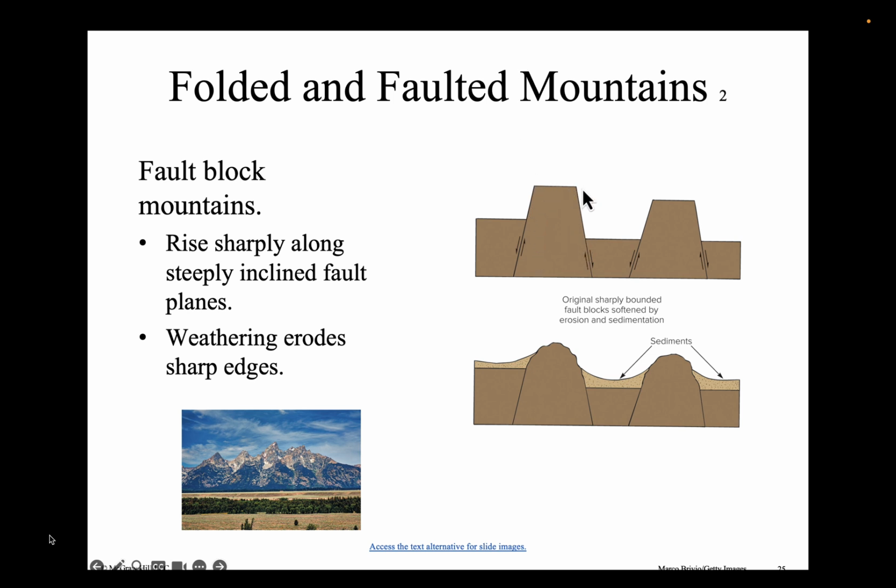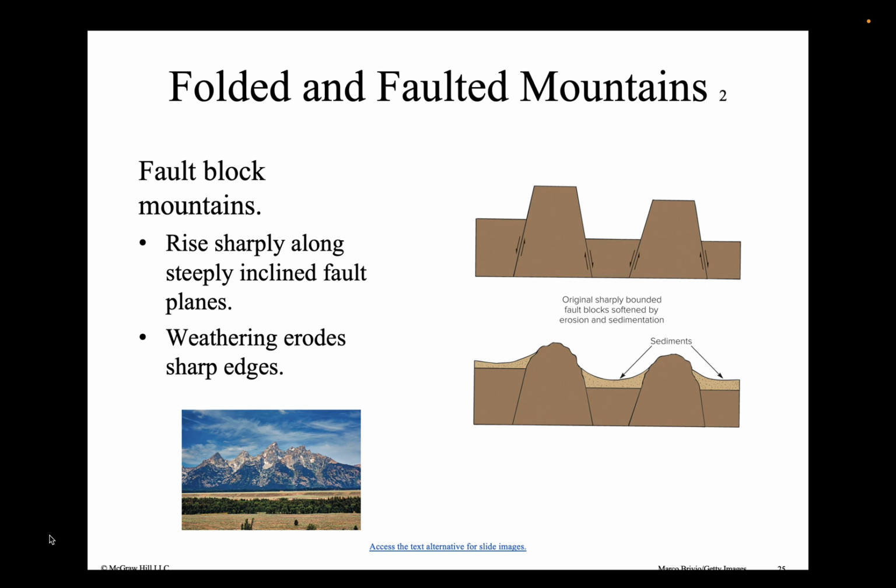Okay, of course there is erosion that can cut this block-looking shape, but at their beginning that's what they are supposed to look like. So these compressional forces at the fault can shift up or down these rocks relative to one another, and they can create these fault block type of mountains.